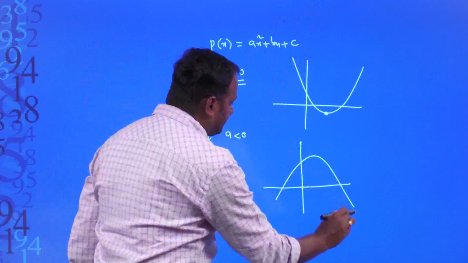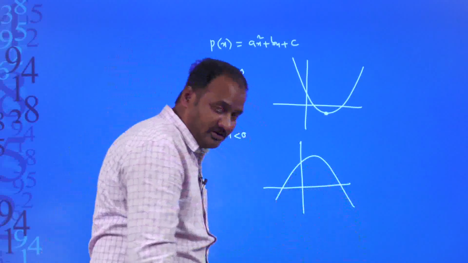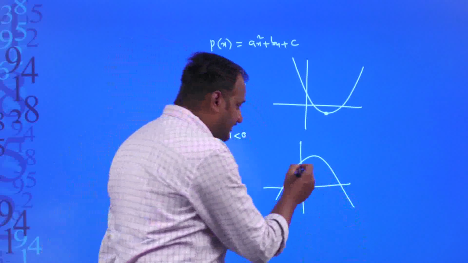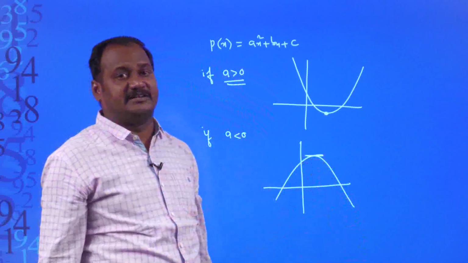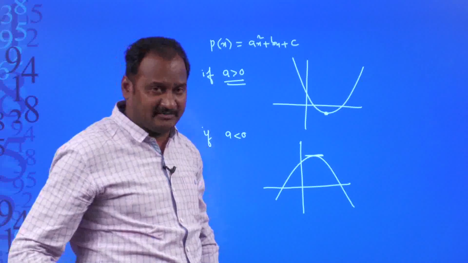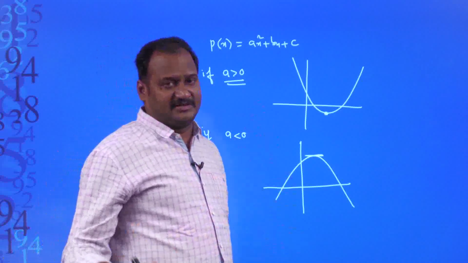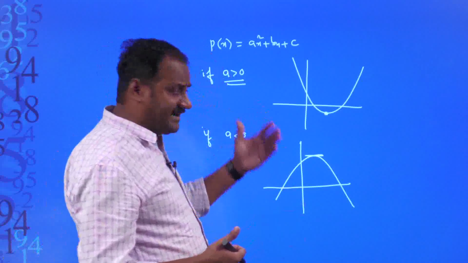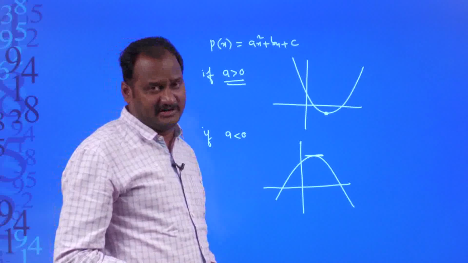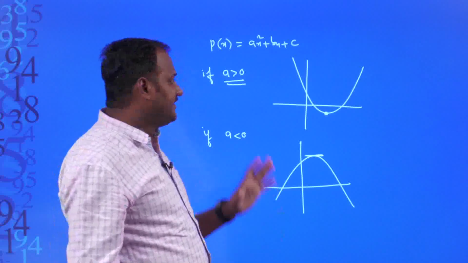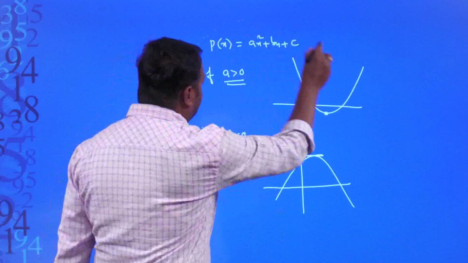It opens downwards, and there is only a maximum value, but we cannot say what is the minimum value of the polynomial. And you will understand everything briefly in +1 +2 about maximum values, minimum values, and more about second degree polynomials and their curves. Okay, right. So this is about the graphical representation of a second degree polynomial.